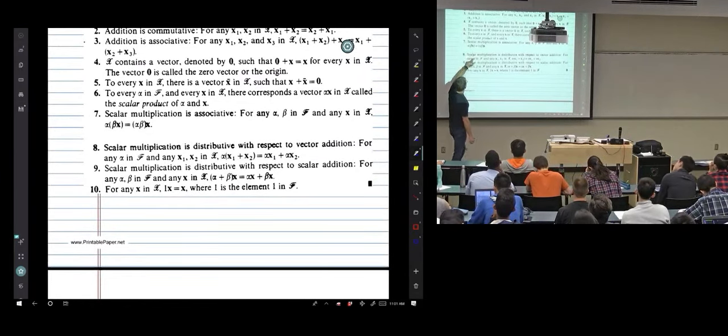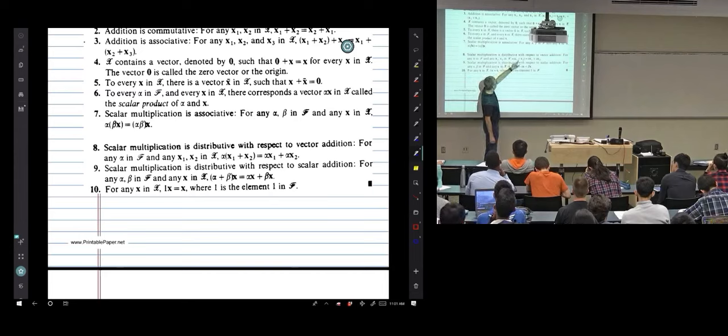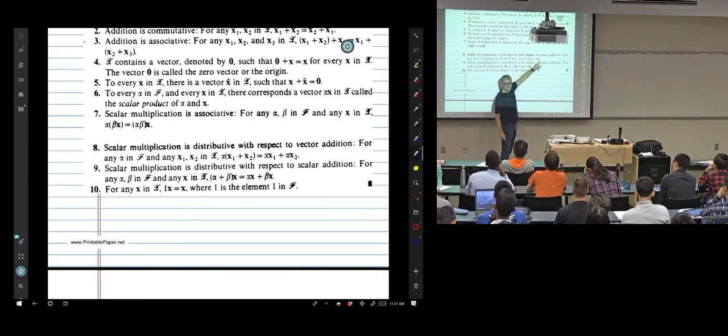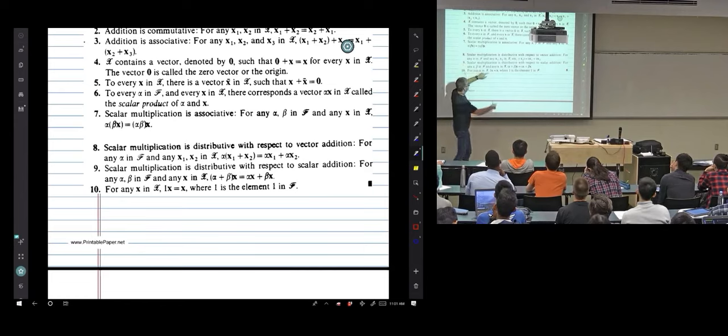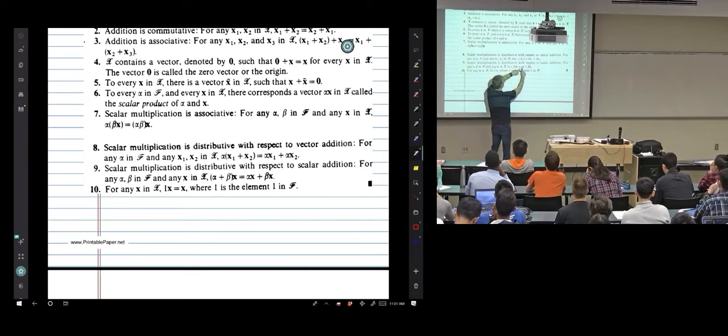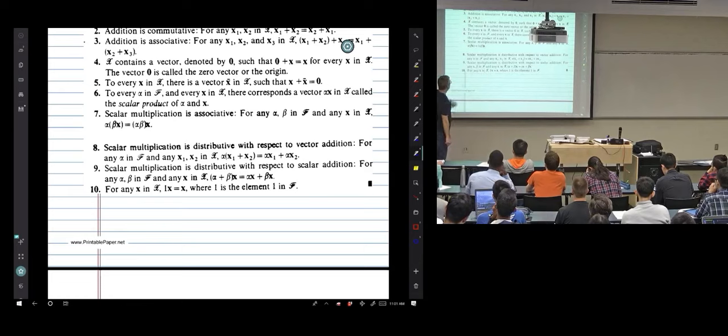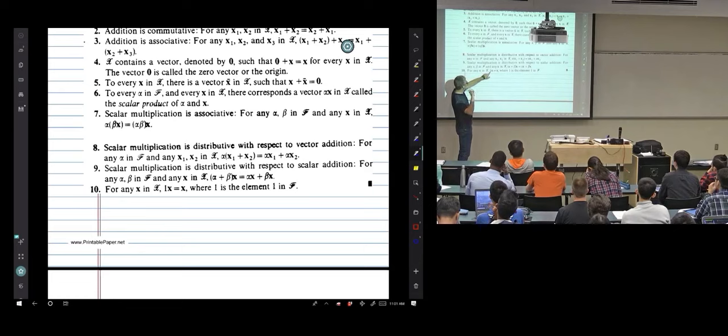Then I need the scalar multiplication to be distributive. A plus B times 4 is the same thing as 4 times A plus 4 times B. Scalar multiplication is distributive. 4 plus pi times A is equal to 4 times A plus pi times A. No problem. And for any vector x in here, if I take the unit scalar times the vector, I get the vector back.